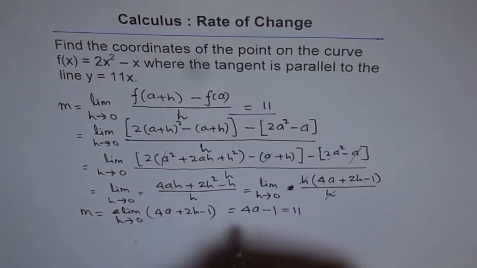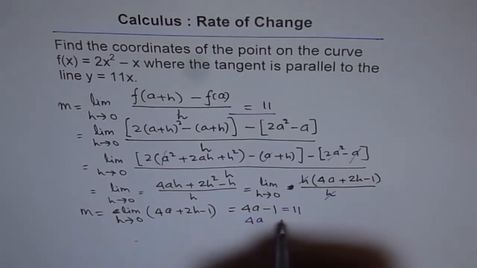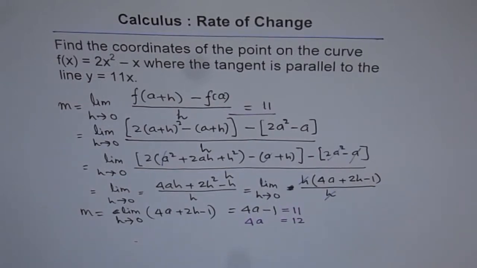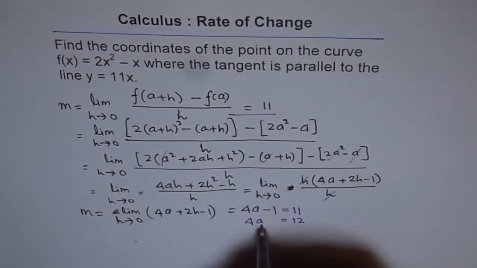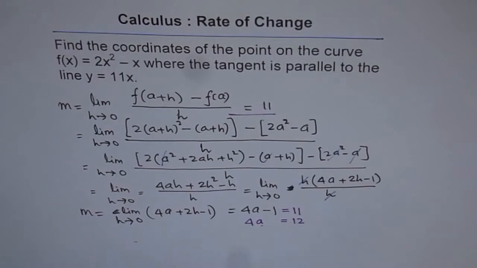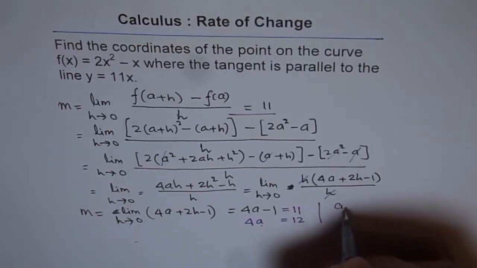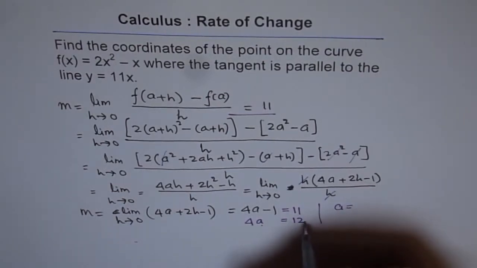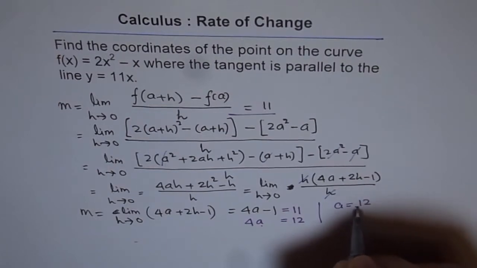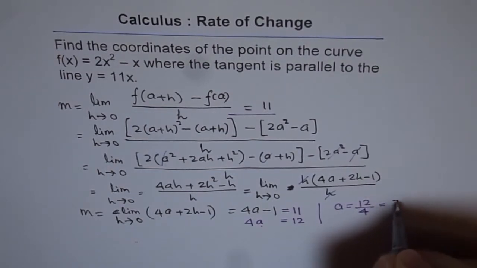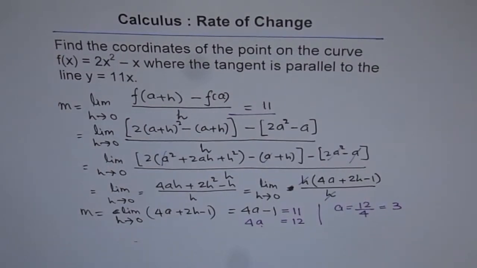If this is 11, then 4a equals 1 taken to this side, that becomes 12, and that means a is equal to 12 divided by 4, that is 3. So we get the a value as 3.